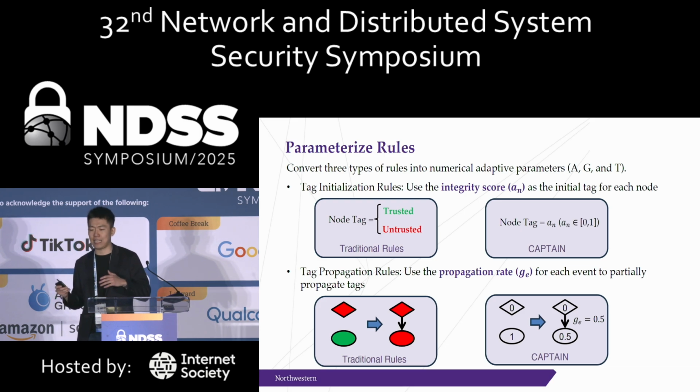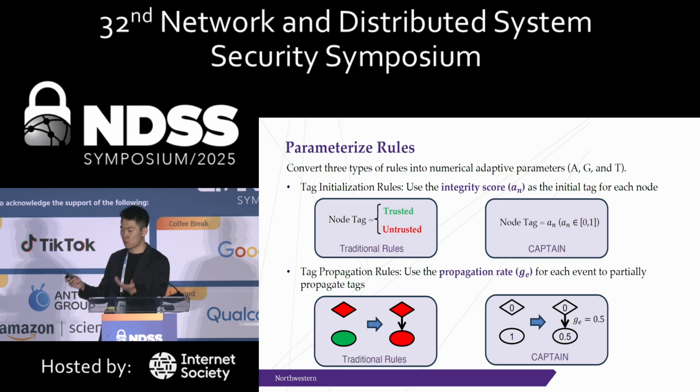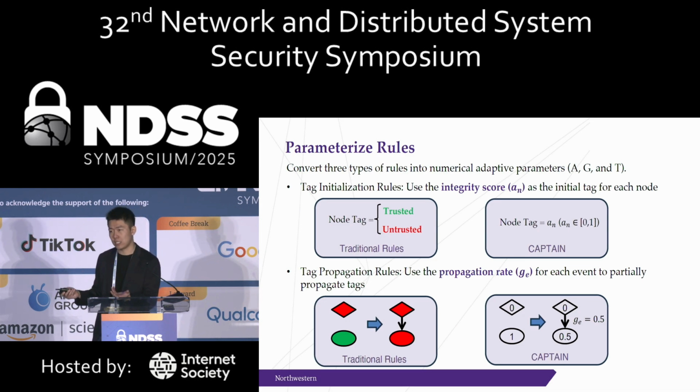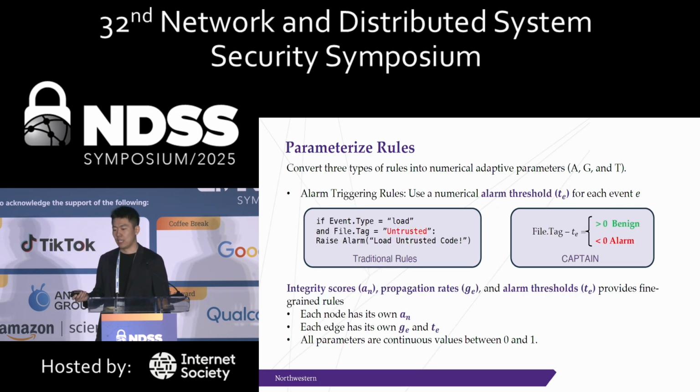The first one is the tag initialization rules, where we use an integrity score to show how we initialize the tag of each node. For tag propagation rules, we use a propagation rate, which is a number, to replace the traditional tag propagation rules. And we use an alarm threshold to replace the traditional alarm triggering rules.